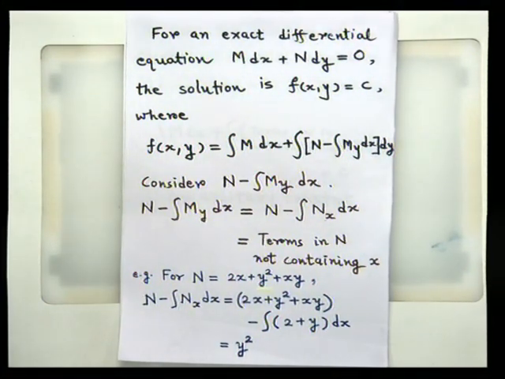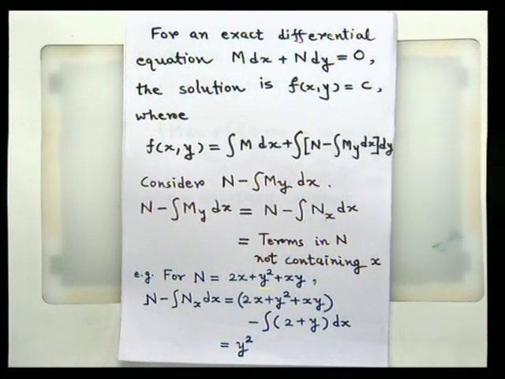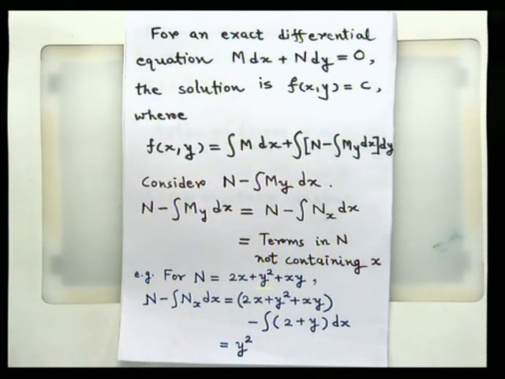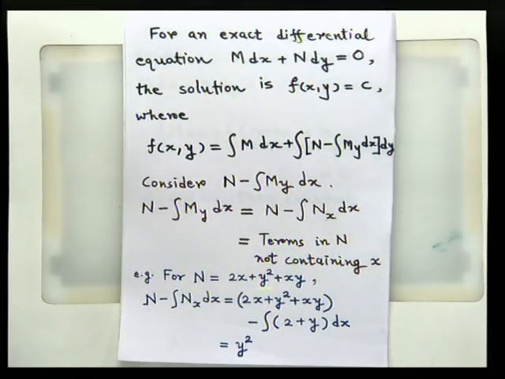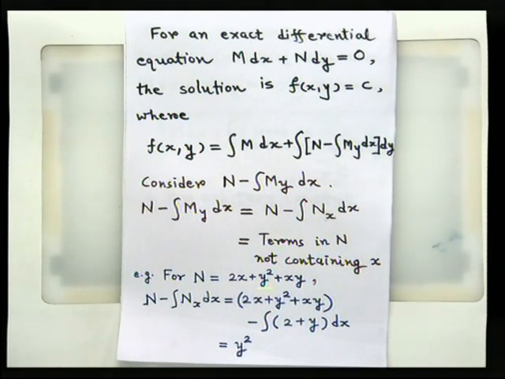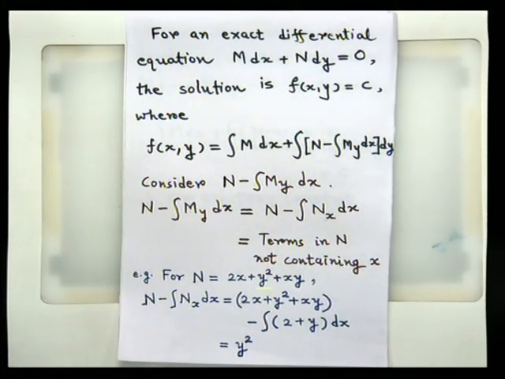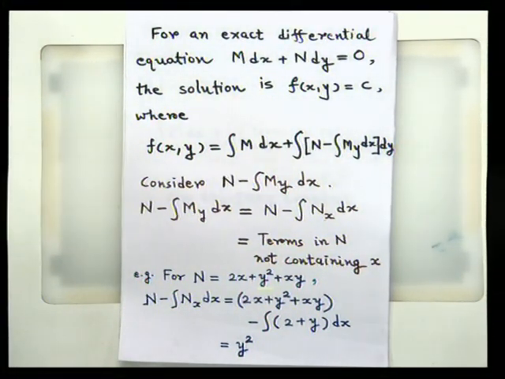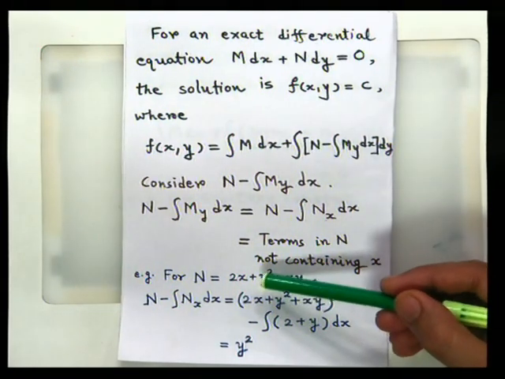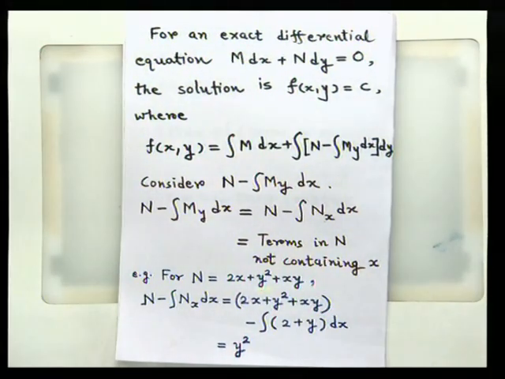The partial derivative of the first term 2x is 2, y square has derivative 0 with respect to x, and xy's partial derivative is y. So at last we have y square, that is the term in n that is free from x.